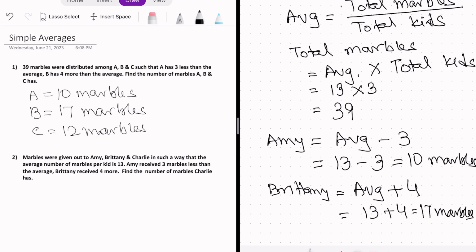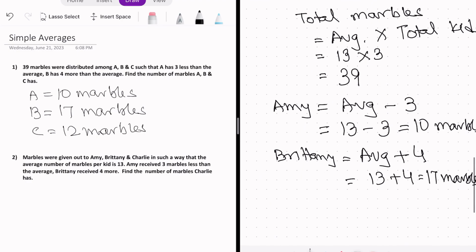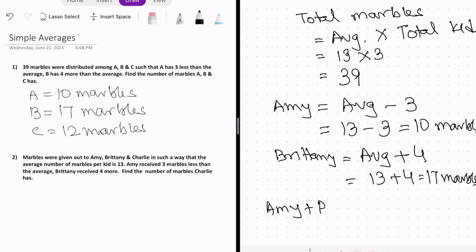Then it says find the number of marbles Charlie has. So the marbles were divided between Amy, Brittany, and Charlie. Now we know Amy plus Brittany will have 10 marbles plus 17 marbles is equal to 27 marbles together. And we know the total number of marbles is 39.